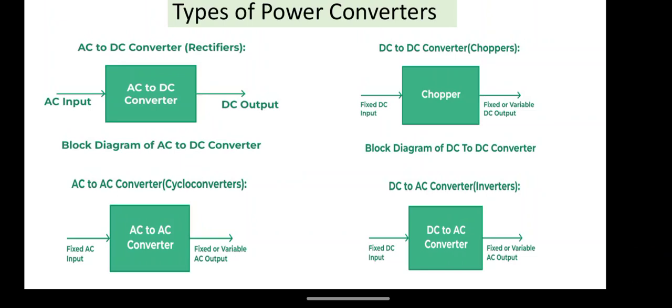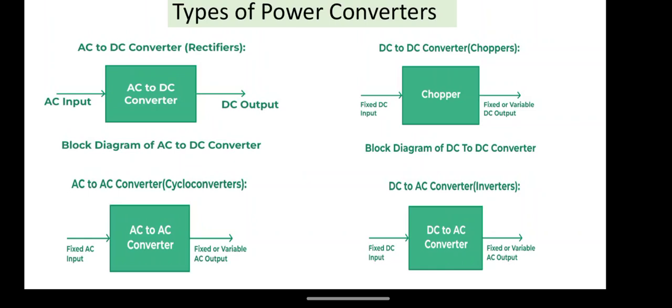Here come the power converters. The first one is the AC to DC converter. Just now I mentioned the rectifier which converts AC into DC. The next one is called the chopper or a DC to DC converter, which converts the fixed DC into a variable DC.